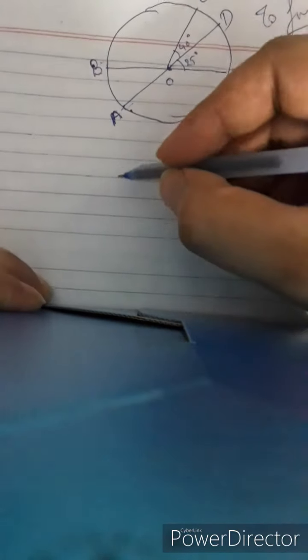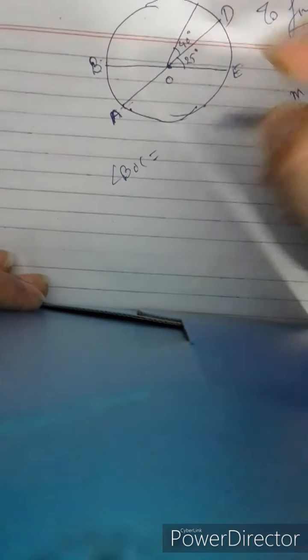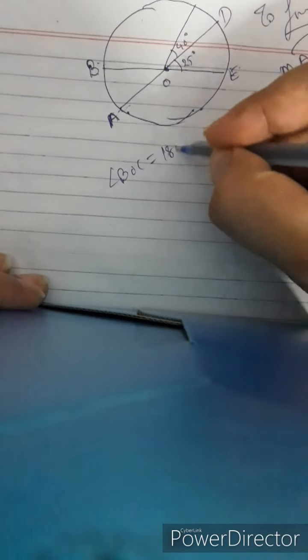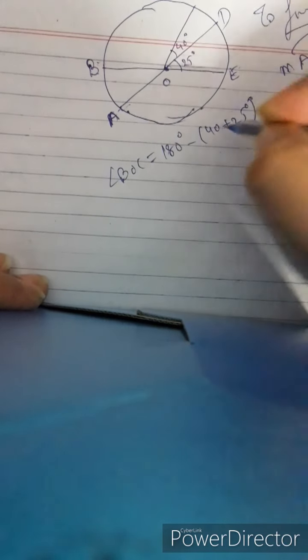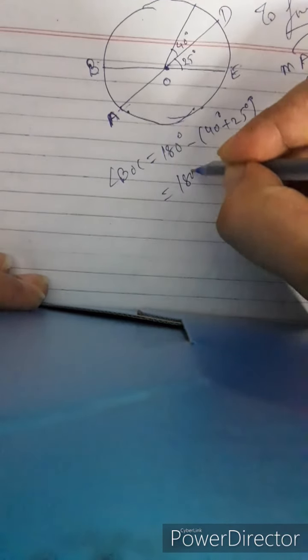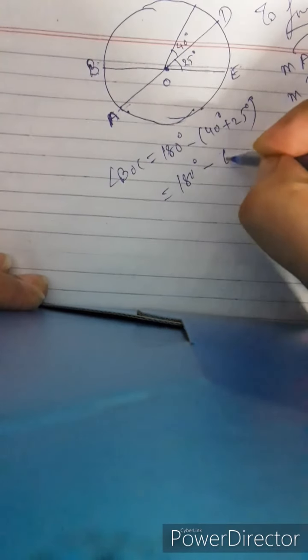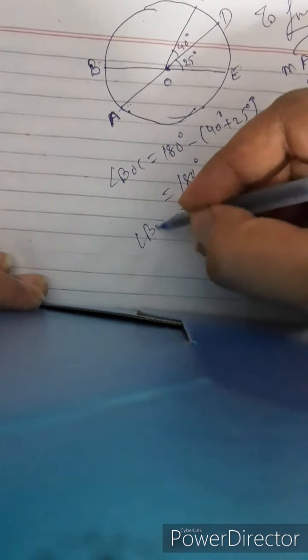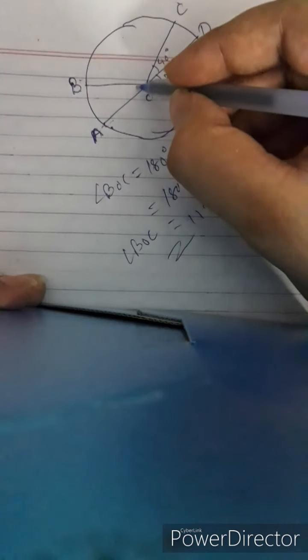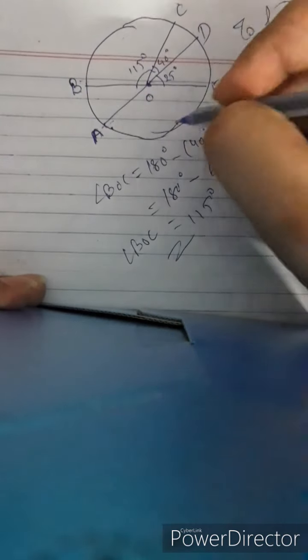So angle BOC equals 180 degrees minus (40 plus 25) degrees. So 180 degrees minus 65 degrees, that is 115 degrees. Angle BOC is 115 degrees.